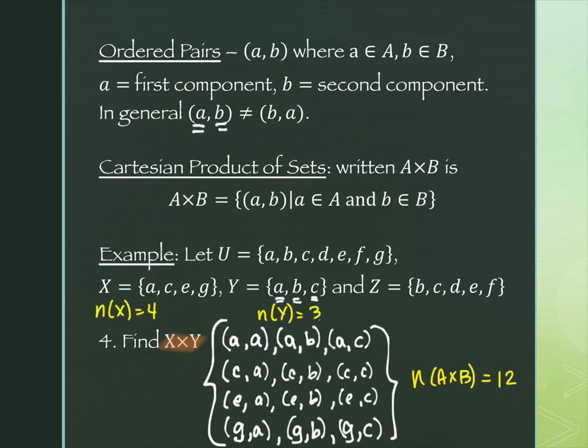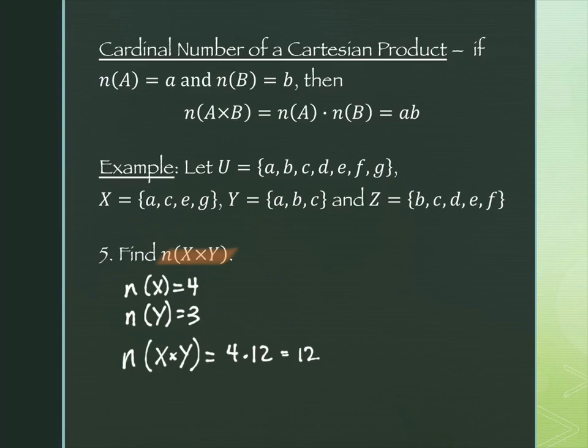And on this one, N of X cross Y just means I need to figure out how many ordered pairs there are, which means I don't necessarily have to list them all out to do that. I've got a counting strategy that I can use instead. So don't do more work than the problem's asking you for, not only because it's going to be wrong when it hits back at you, but because you're going to create yourself a time drain. It didn't need to do that.